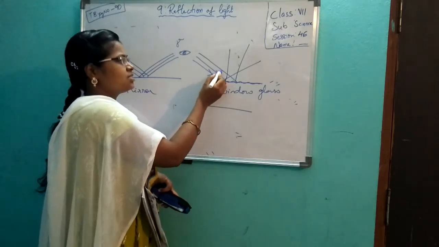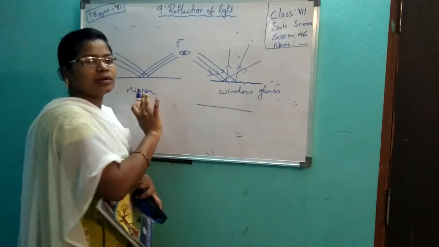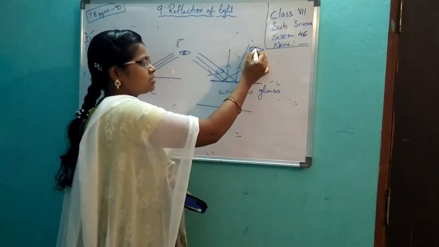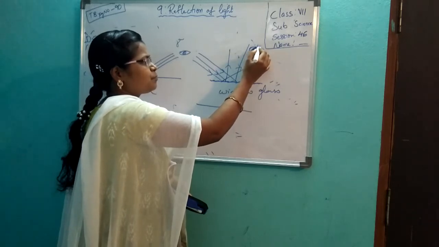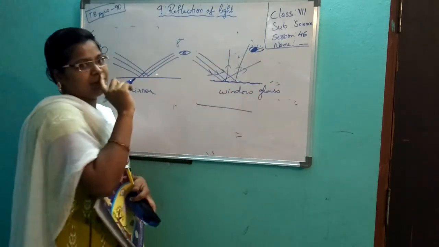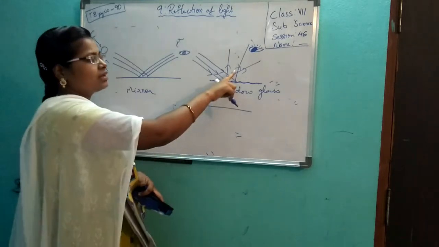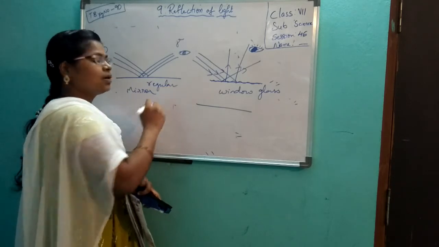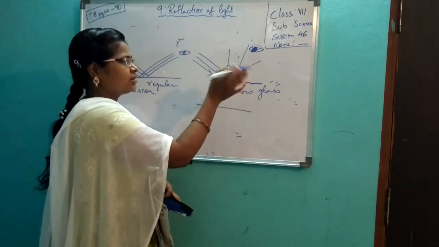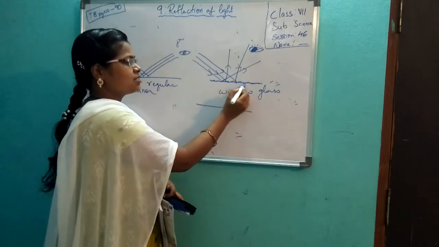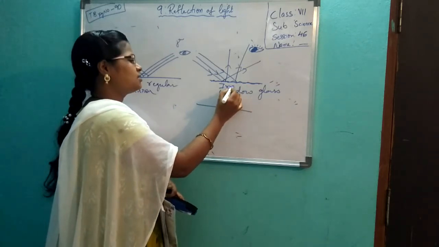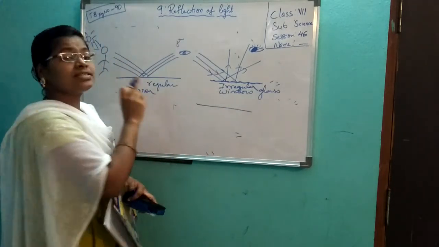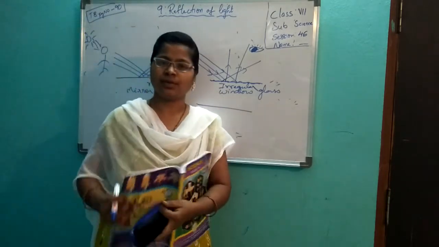The angle of incidence and angle of reflection are not the same here, and you cannot see the image properly. Because of this, it is irregular reflection. This is regular reflection, and this is not regular, they are going here and there, while the surface is not plane, so this is irregular reflection.